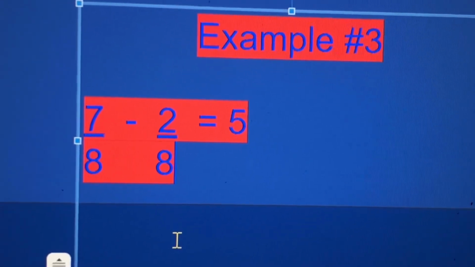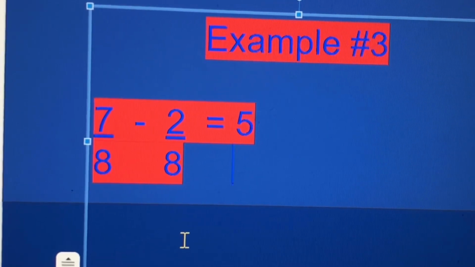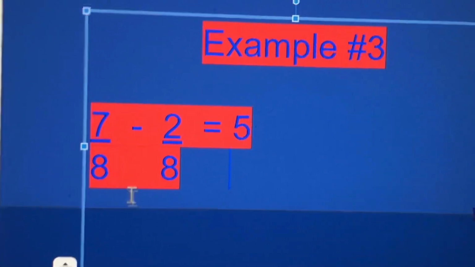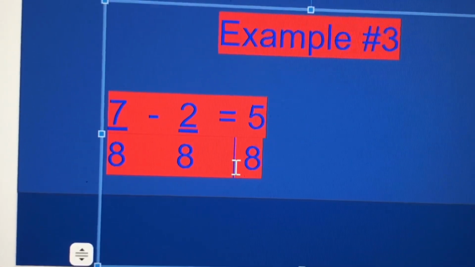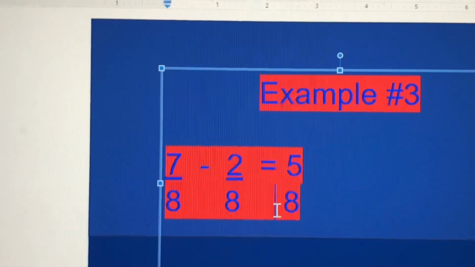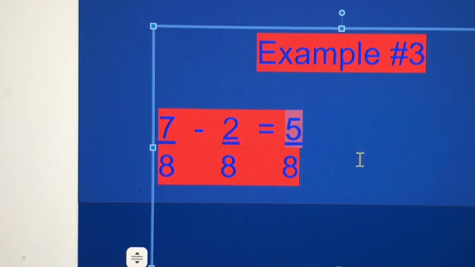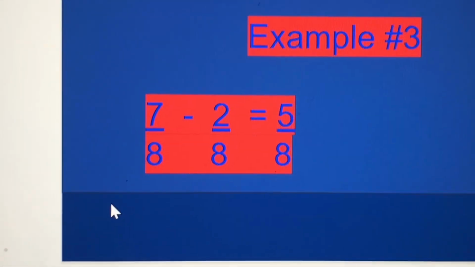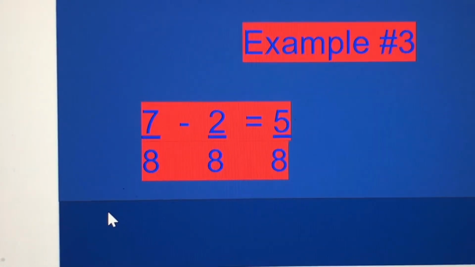So the bottom number always stays the same when we're adding and subtracting fractions. So since the denominator in this problem is 8, it's going to stay the same. So we have our answer there. 7/8 minus 2/8 equals 5/8.